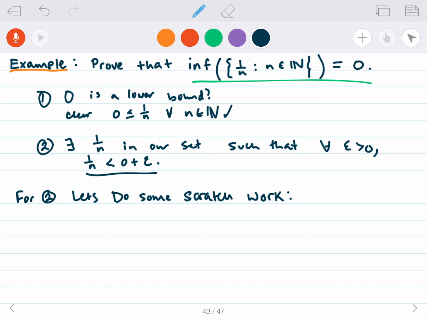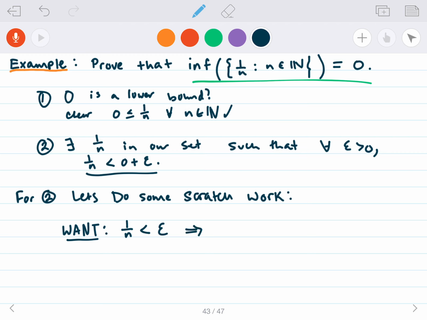So we want 1 over n less than 0 plus epsilon, which is epsilon. And so we're trying to figure out what little n has to be for this to hold true, okay? So we'll just isolate n by multiplying both sides.